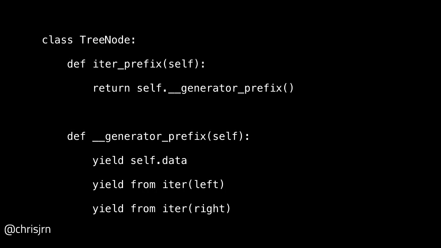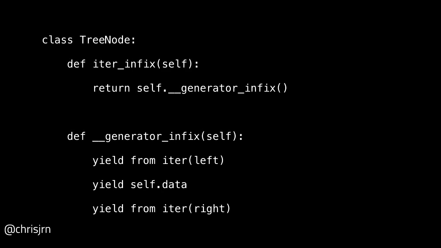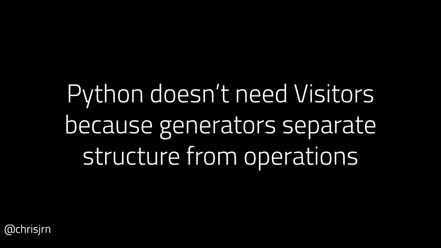And so if you need to have multiple different iteration methods, depending on the order in which you traverse things, it's not hard to write multiple generators because writing generators is easy. And so Python doesn't need visitors because generators separate the structure from operations, and that's what the visitor pattern does. And so that's 4 design patterns that don't actually make all that much sense in Python because there are features in Python that let you do that.